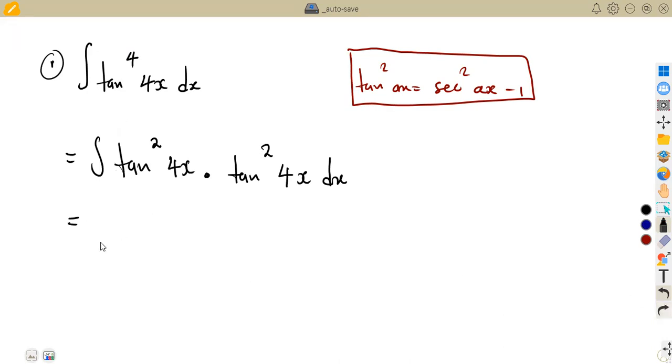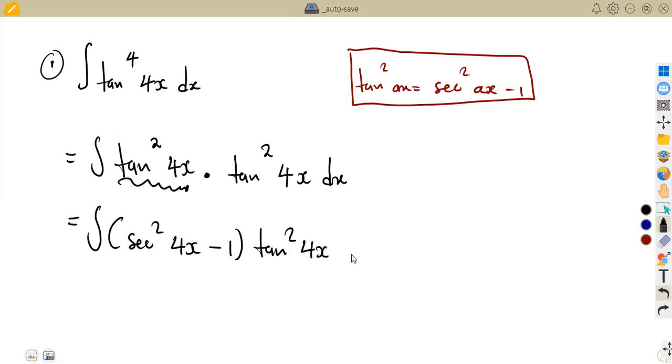We need to substitute the tan squared with the equivalent identity, which is sec squared. So if we substitute, we obtain sec squared 4x minus 1 multiplied by tan squared 4x dx. It's going to be easier for our substitution method, because we can expand this back.